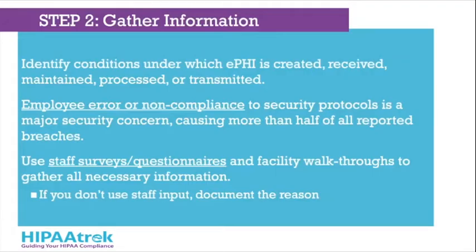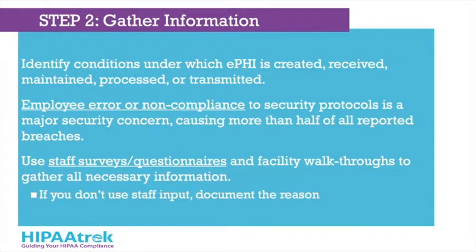And the second step is just gathering all the information, all right? So the first thing that we need to do is probably surveys and questionnaires. They are the easiest way to start to gather information. You can utilize questionnaires to question your staff or employees on how they understand how you're addressing compliance and security issues.